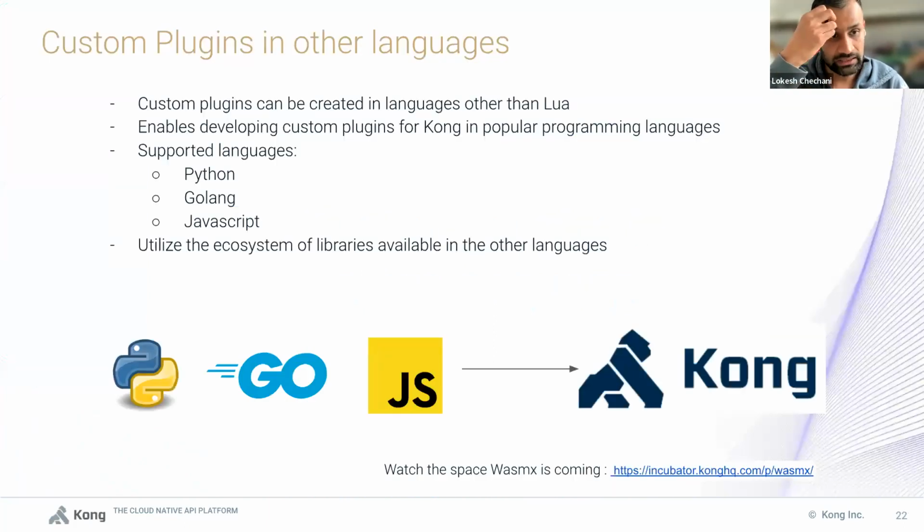But having said that, Kong as a company also provides other programming languages you can use to create the custom plugin. For now, there are primarily three different languages supported: Python, Go, and JavaScript, where you would need an external process running at the same time, which can execute your Go and Python plugins, and then you provide a hook into Kong.